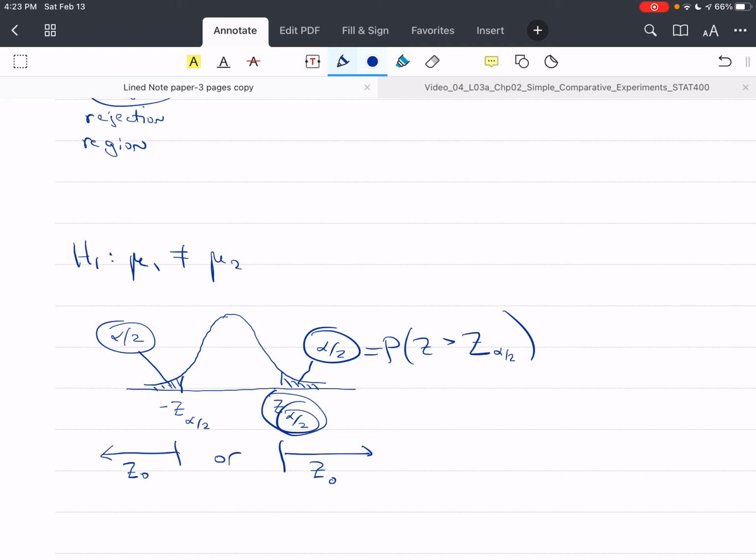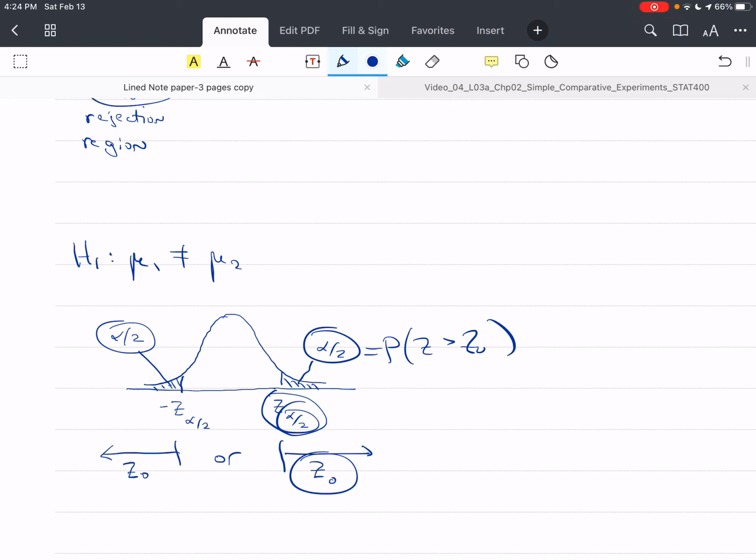So if alpha over 2 is up here and alpha over 2 is up here, then we have two zones where we could reject the null. If z naught is less than negative z sub alpha over 2, then we will reject the null. If z naught is greater than z sub alpha over 2, we will reject the null.